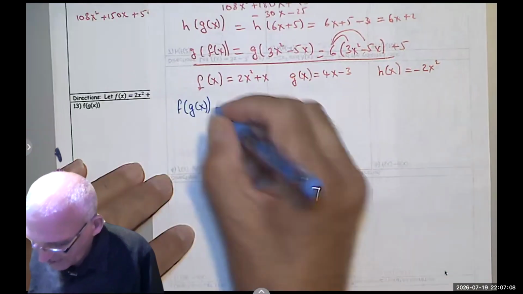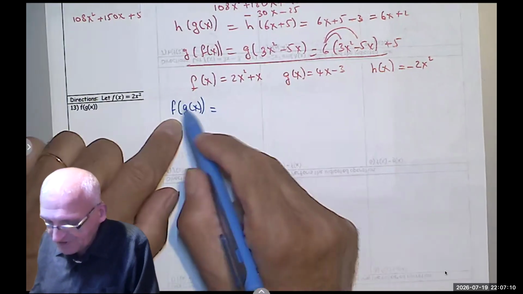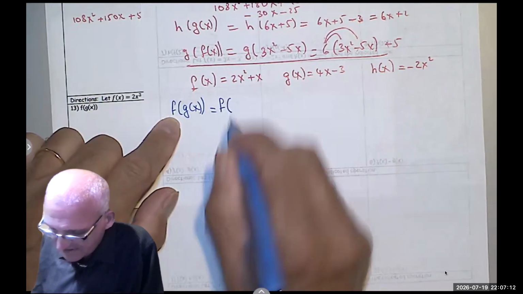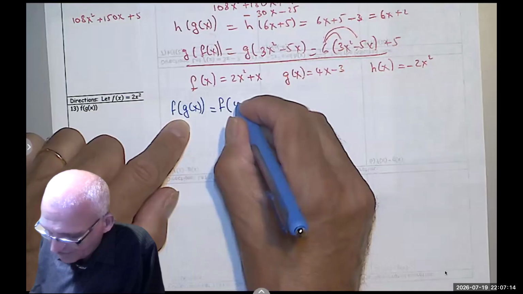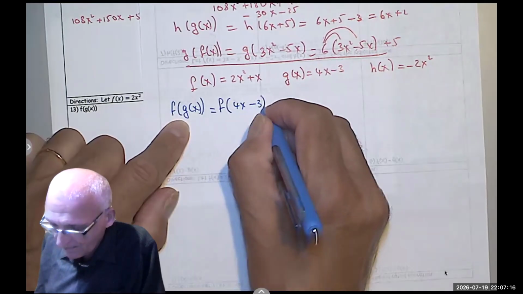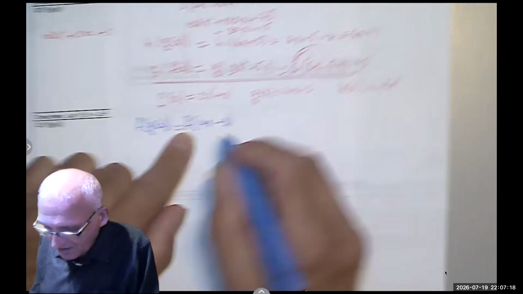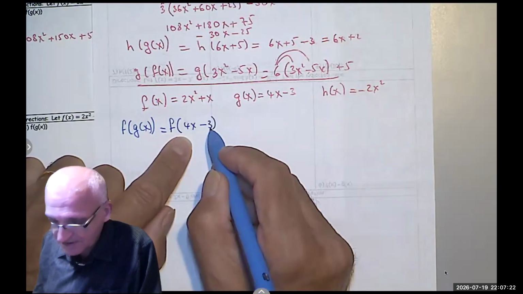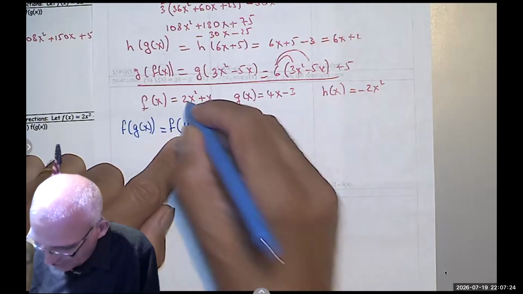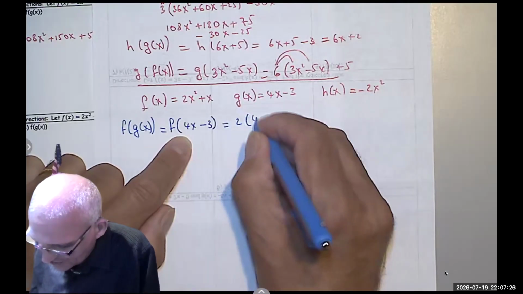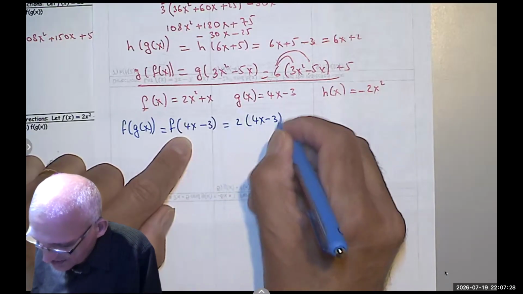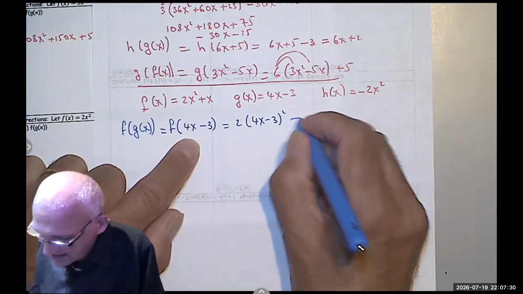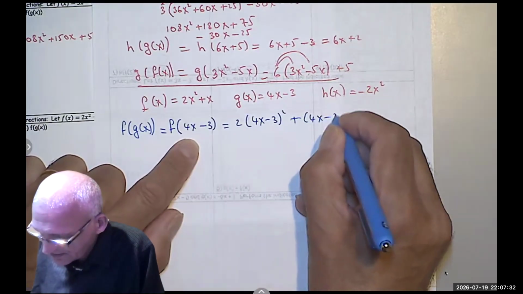Okay, so if you came back, f of g of x is f of, instead of g of x, you write 4x minus 3. Now, every x would be replaced by 4x minus 3. 2 times 4x minus 3 quantity squared plus 4x minus 3.